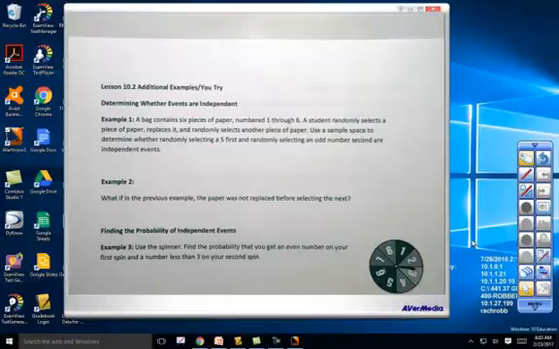Who thinks they could put it into words? What do you think, Keegan? Independent is one specific draw. Okay. And then dependent is the whole experiment. Okay, so not quite.